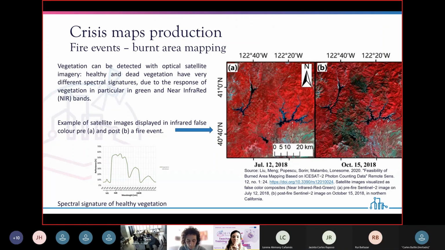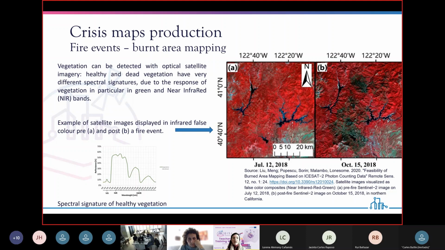In particular, you have seen that vegetation has a very peculiar response, which allows us to see evidently that if we explore non-visible bands, we can see additional details.